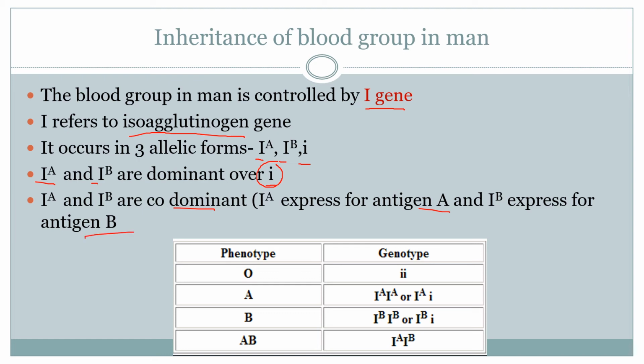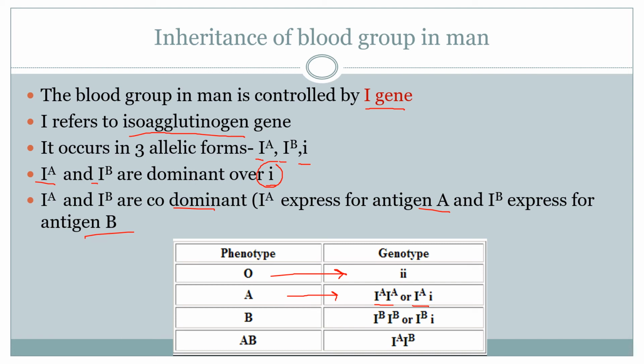See here, the phenotypes are O, A, B and AB. In the blood group O, the genotype is found to be small i small i. And in the blood group A, the genotype is found to be IA IA, that is homozygous, or heterozygous IA small i.